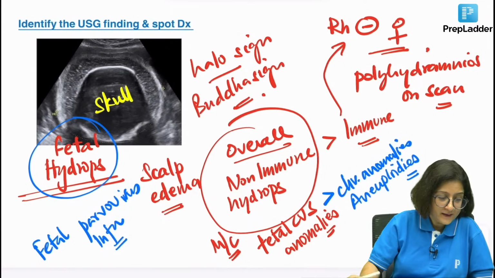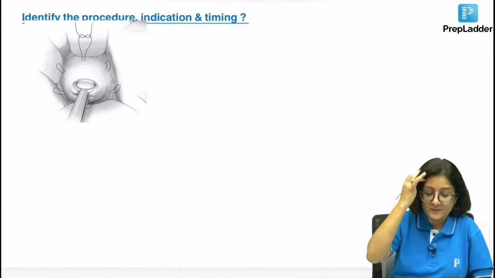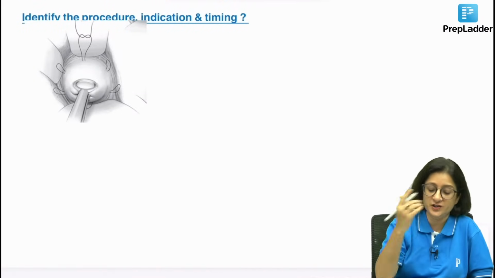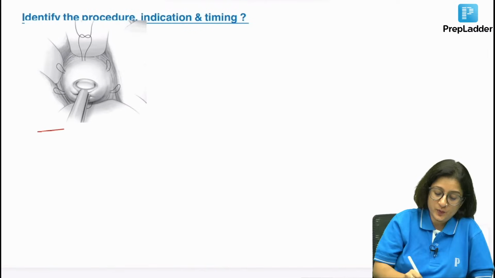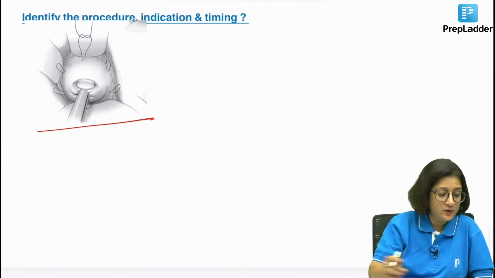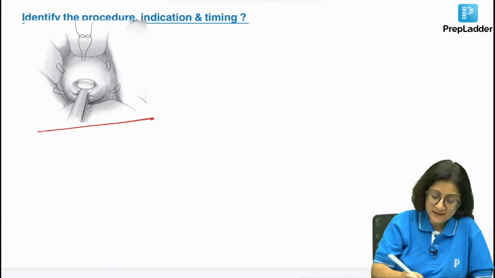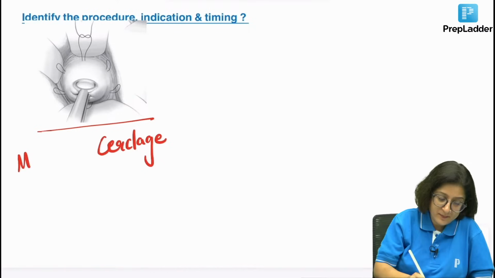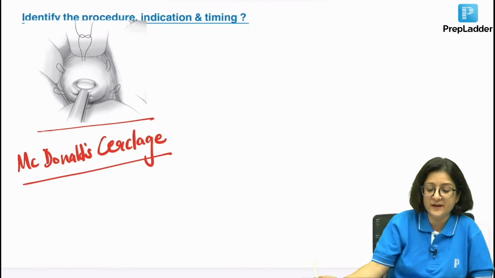Fine. Now, moving on. Next image, identify the procedure, indication and timing. So, procedure is, yes, you have to tell me the timing also. Procedure is cerclage. This is McDonald cerclage.